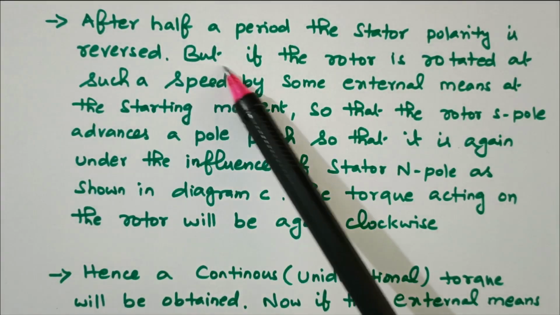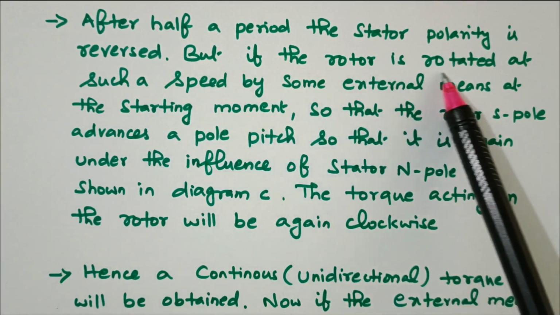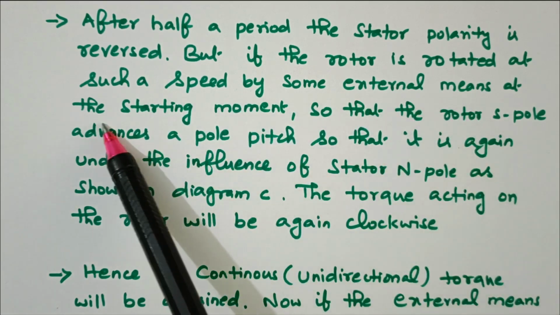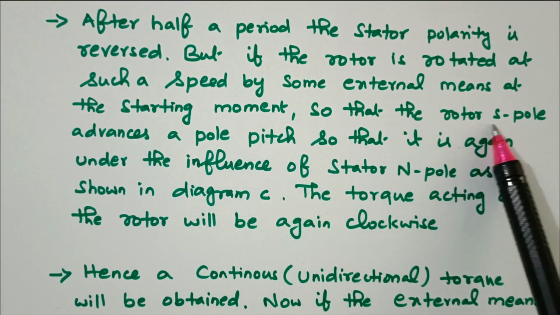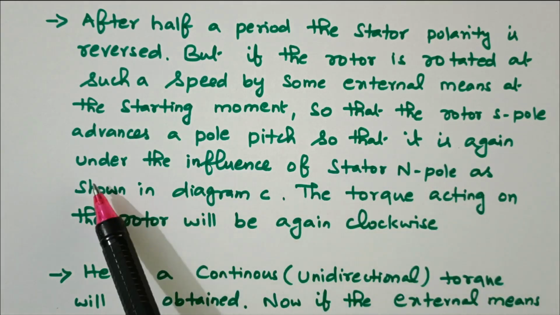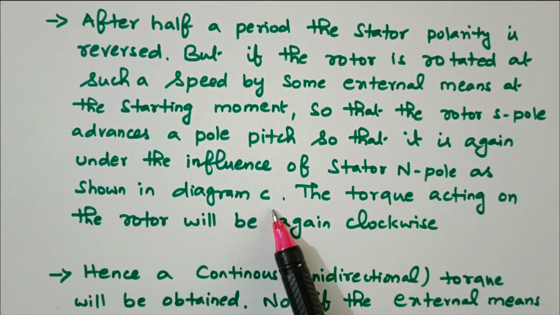After a half period, the stator polarity is reversed, but if the rotor is rotated by external means at such a speed that the rotor S pole advances by a pole pitch, it is again under the influence of the stator N pole, as shown in diagram C. So in diagram A we have the attraction principle rotating in the clockwise direction.